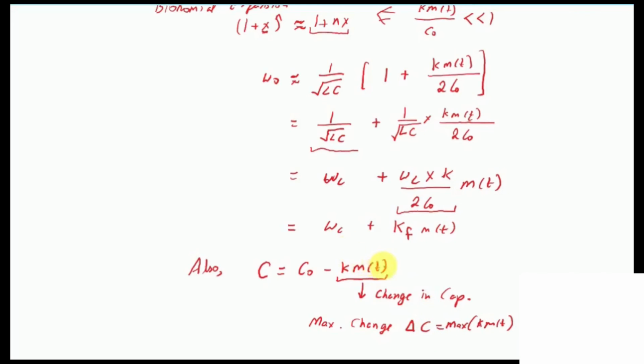So when this is maximum, the change would be maximum. If m(t) is at the negative peak, then the negative peak with this minus sign will become positive and you would have the maximum change. Or the other way around, if m(t) is positive and we multiply with the constant K, in that case the major chunk of the capacitance will be removed from C naught.